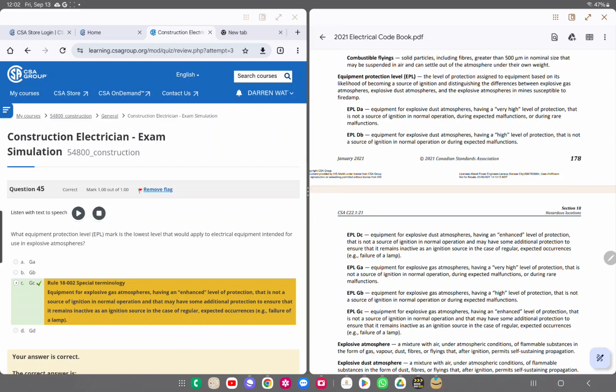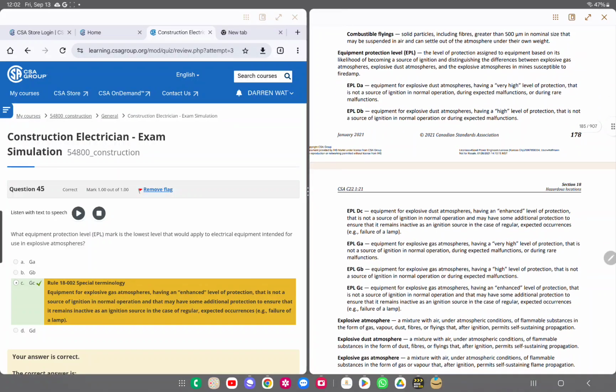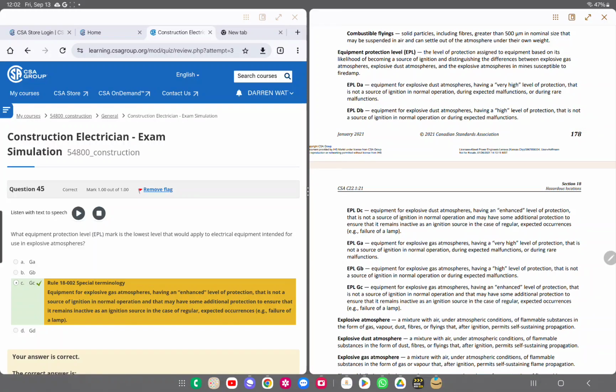As I'm reading, GC says equipment for explosive gas atmospheres, lowest level that would apply to electrical equipment intended for use in explosive atmospheres. Okay, so these are explosive gas atmospheres. At the top here, you got explosive dust atmospheres. GC being the minimum level of protection.